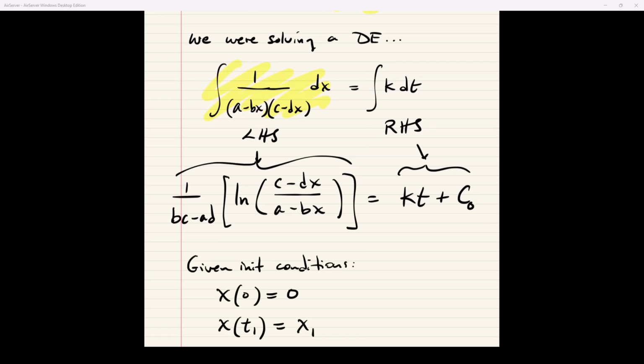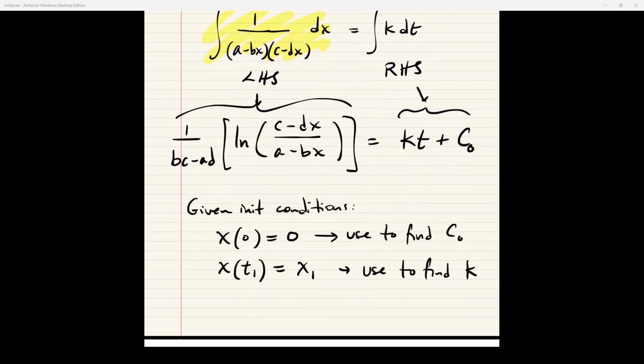So I can use this to get the c naught, and use this to find that arbitrary constant k. And then eventually I solve for x, figure out a formula for the amount of chemical C at any time.